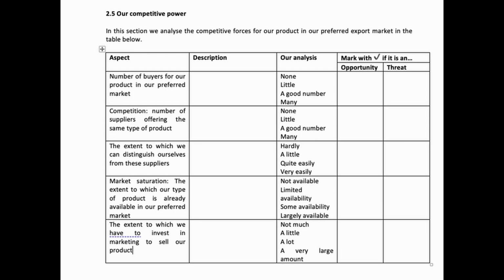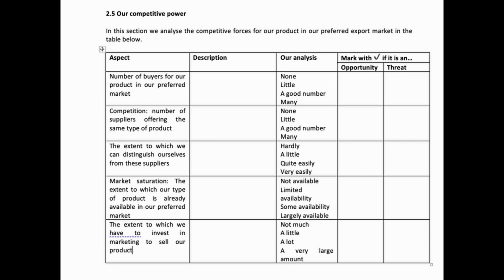In the last section of the external analysis, we look at the competition. In section 2.5, you and your company should write down what kind of buyers are there already in the countries identified. What kind of competition is there that is selling the same kind of product? Then how the company could possibly distinguish itself from the other suppliers, whether or not the market is saturated, and to what extent the company will have to invest in marketing to sell the product.